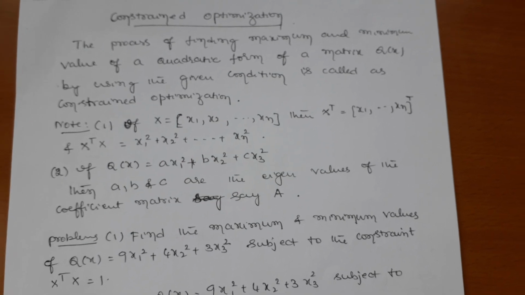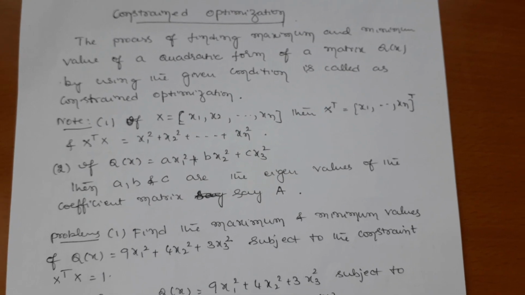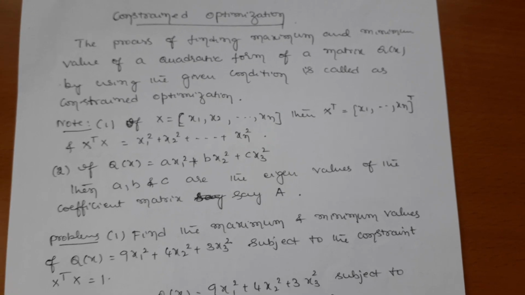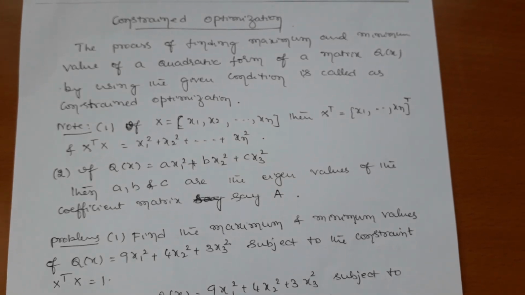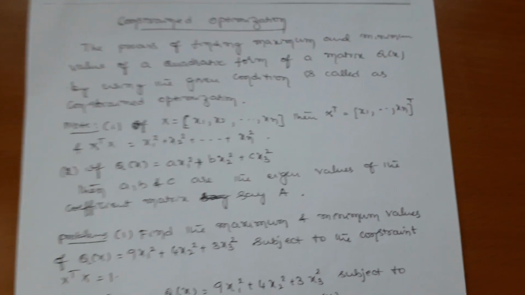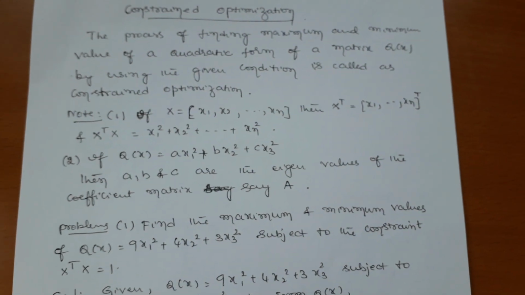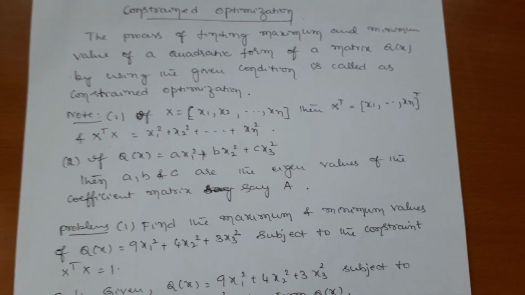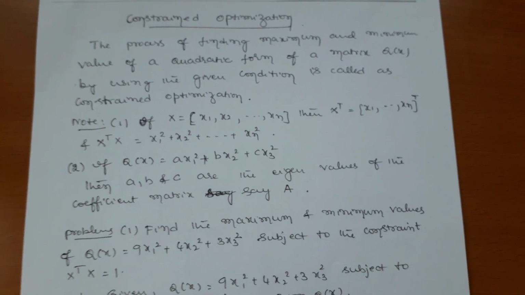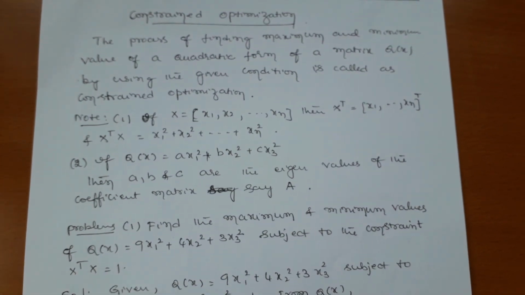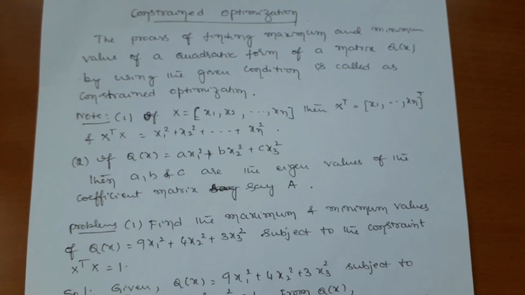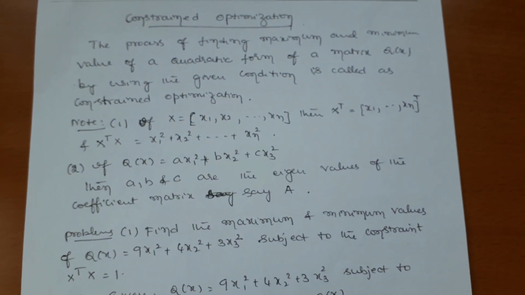That constraint is nothing but a condition. For example: minimize the function x square plus y square plus z square subject to the condition x plus y plus z is equal to 1. Whenever they ask to maximize or minimize, that is optimization, and they provide at least one condition, which is a constraint. Sometimes they give two conditions, which means two constraints.